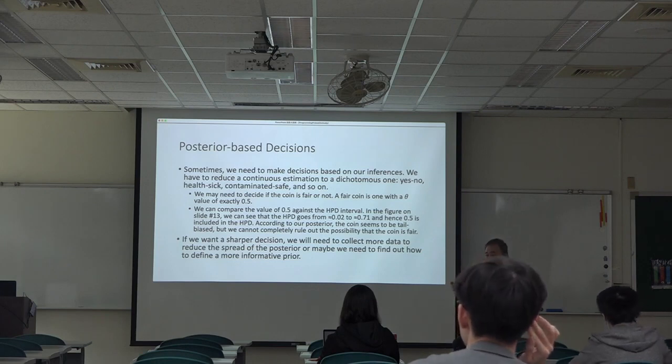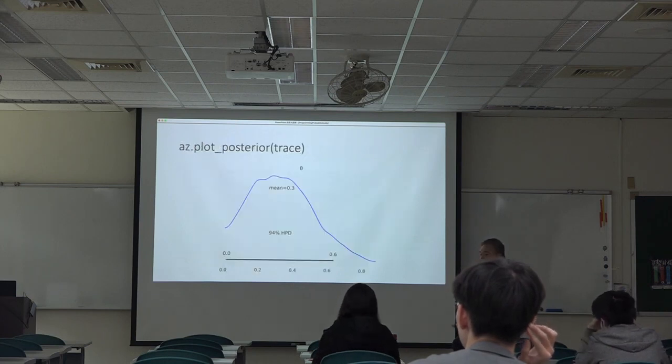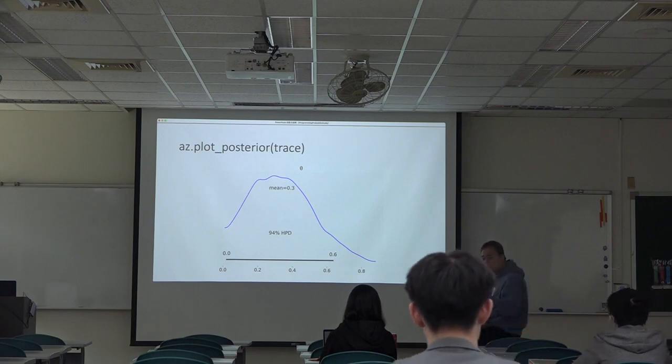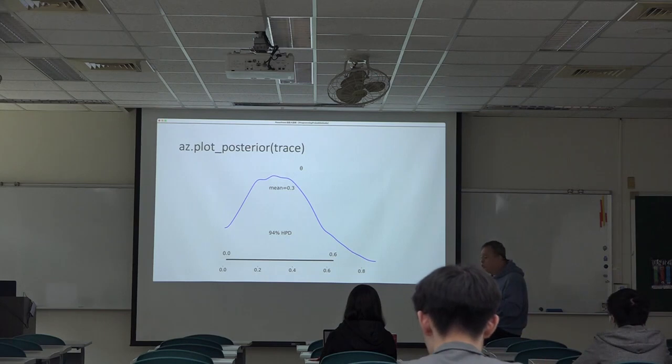If you collect maybe 10 or even 20 trials, the distribution will be narrower and taller, and obviously the 94% HPD will also be narrower, which may not include 0.5.